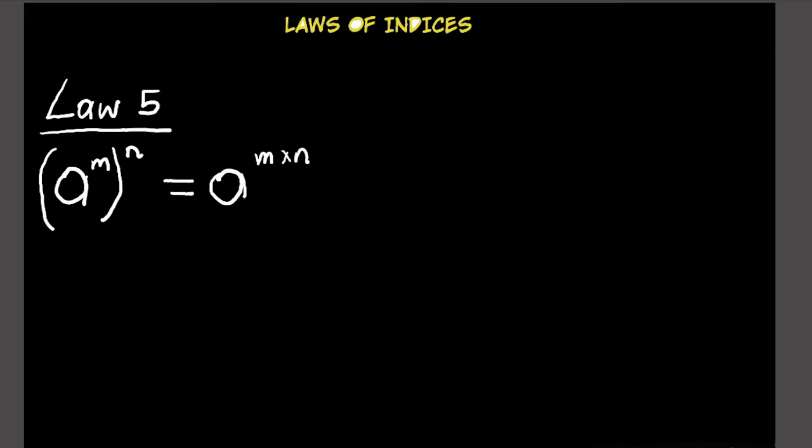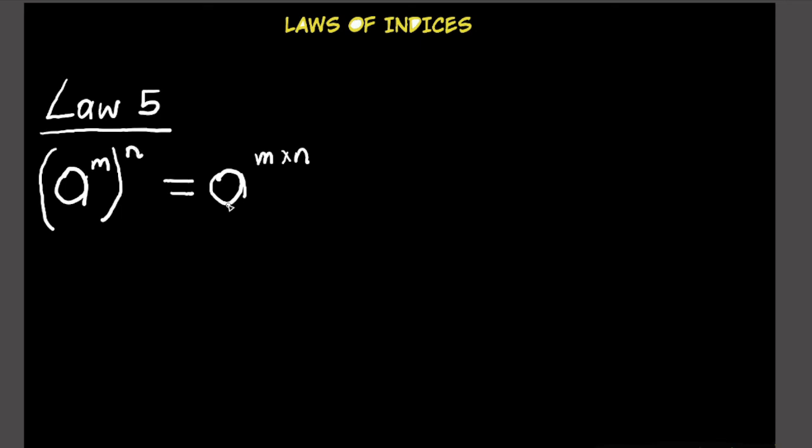The 5th law of indices is telling us that if you have a base raised to a power that's all in bracket and raised to another power, you keep the base and you multiply the indices. So here we have a raised to the power of m, all in bracket, raised to the power of n.